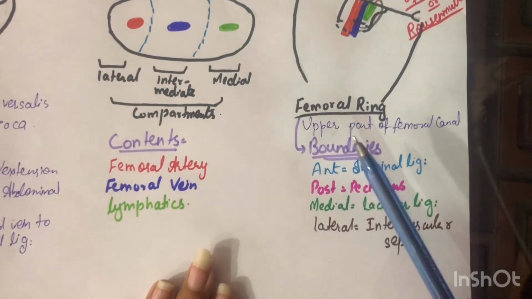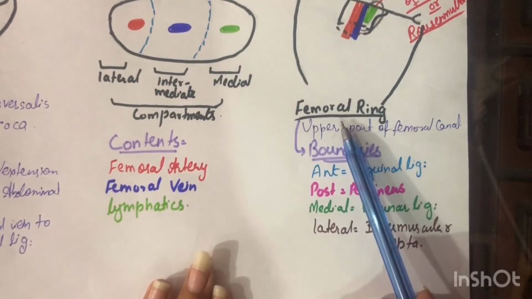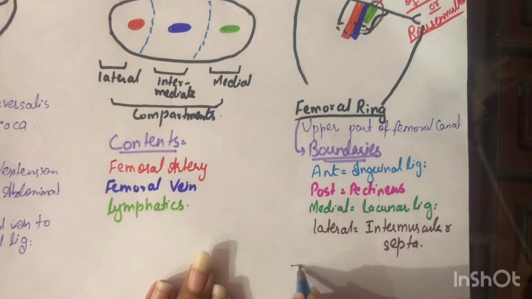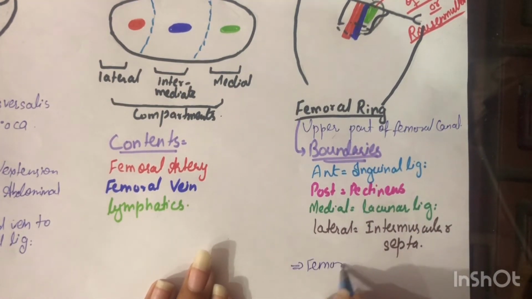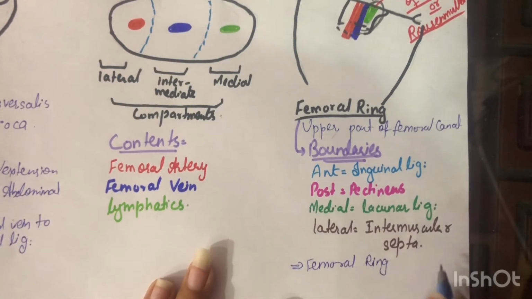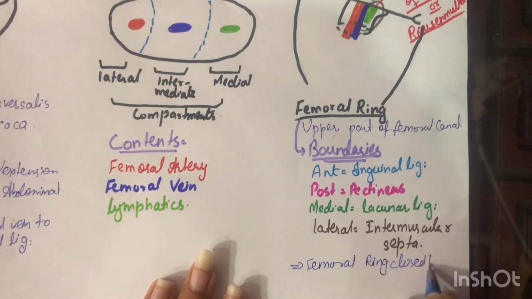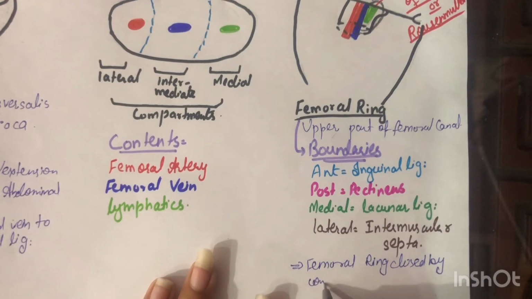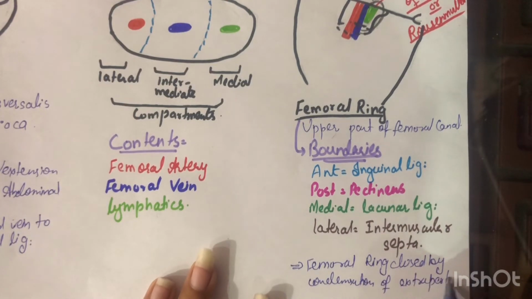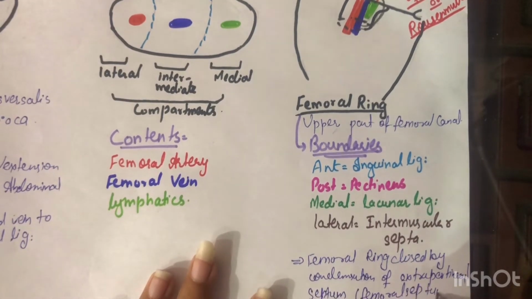The upper ending of the femoral canal, that is the femoral ring, is closed by the femoral septum, or the condensation of extraperitoneal tissue, that is called the femoral septum.